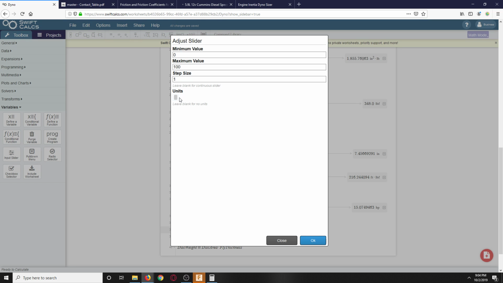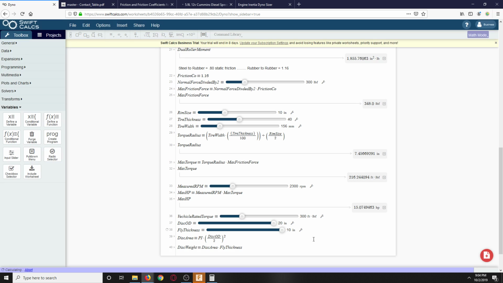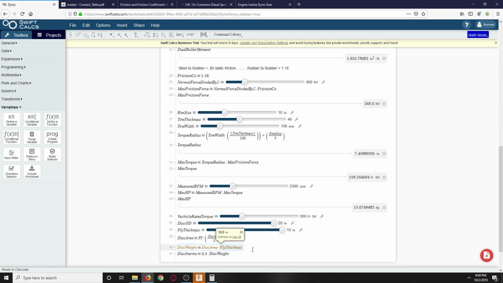And this is inches, and then this is like 10.1. And then this is disk inertia equals 0.5 times disk weight, times fly thickness times A36 density.